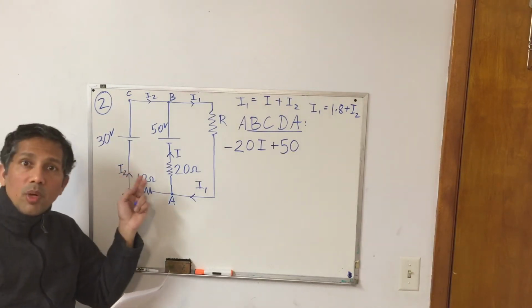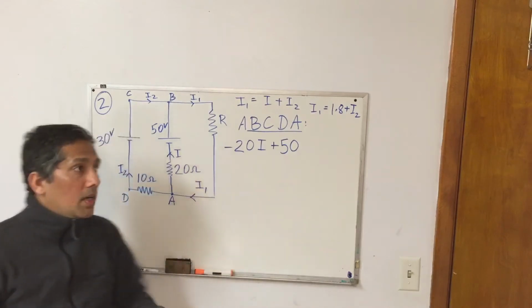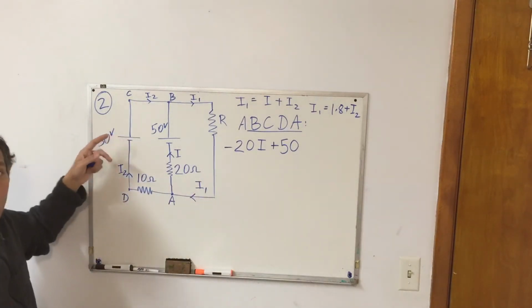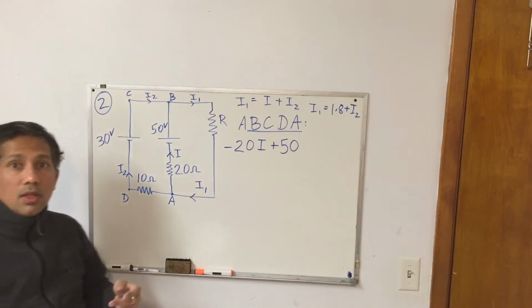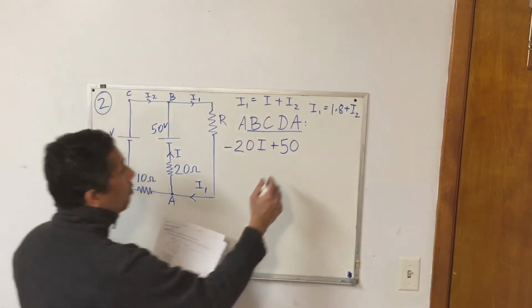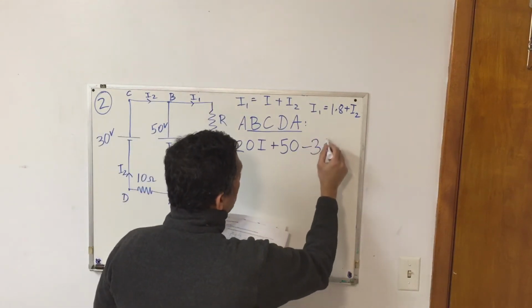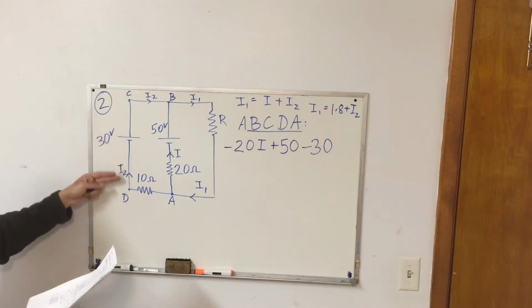I'm going from the positive to the negative, which means I'm actually losing 30 volts. So let me write down minus 30.